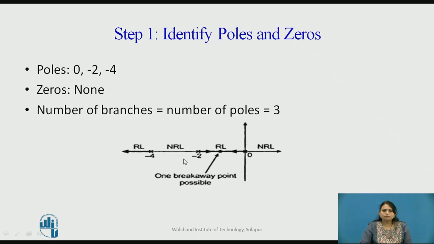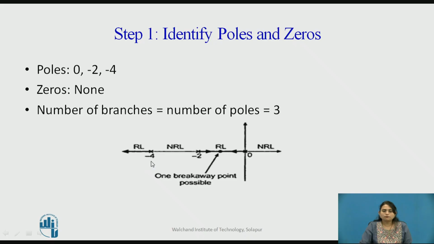Next, between minus 2 and minus 4, to the right side of this region there are 2 poles and 0 zeros. The sum is 2, which is even, so no root locus will be there.